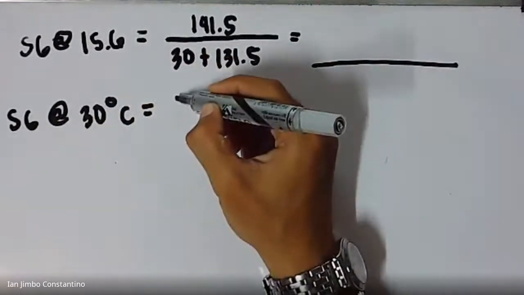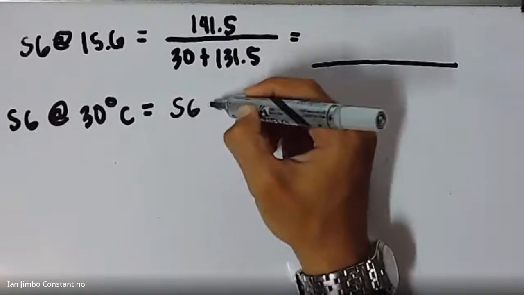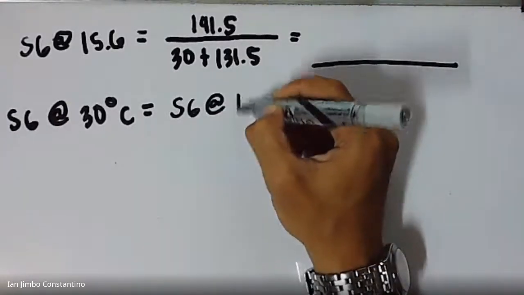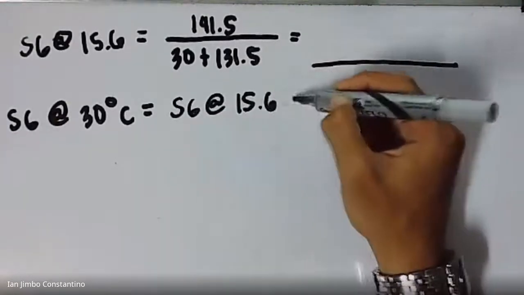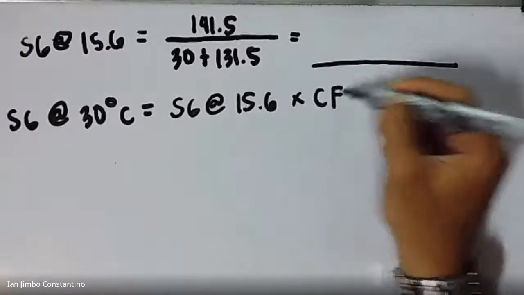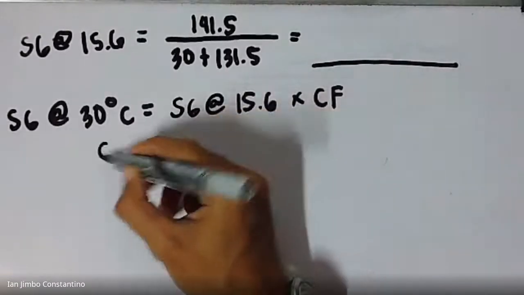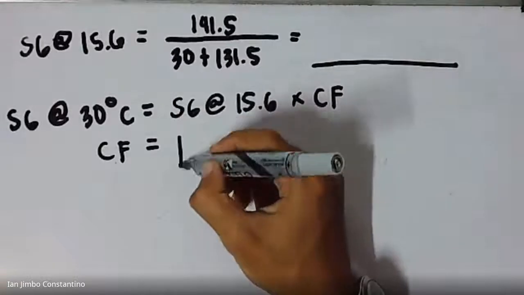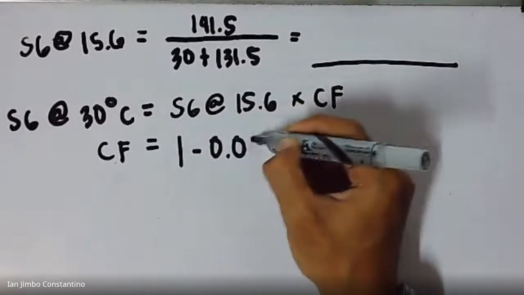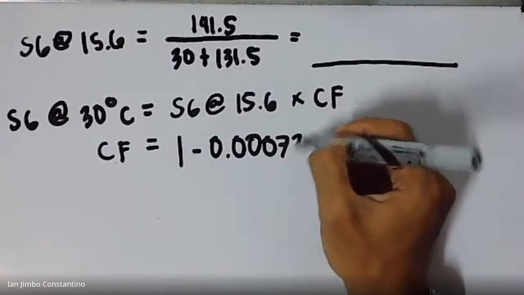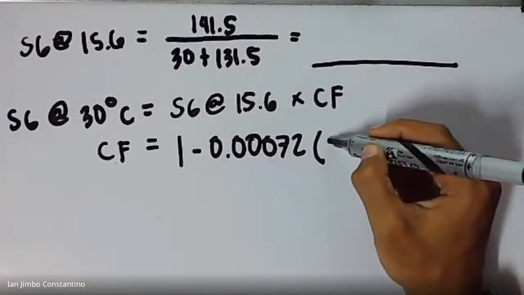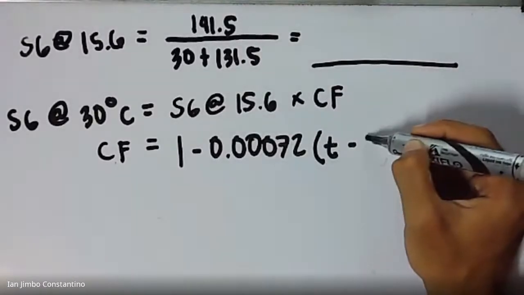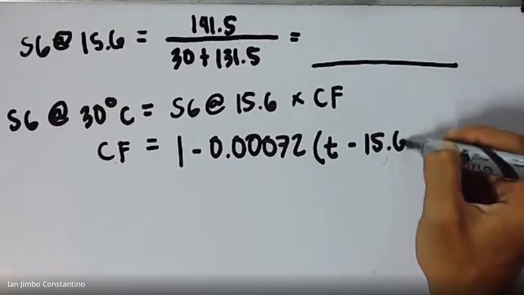So we will multiply this with the SG at 15.6 and then the correction factor, where your correction factor is equal to 1 minus 0.00072. Don't forget that. The given temperature minus 15.6 degrees Celsius.